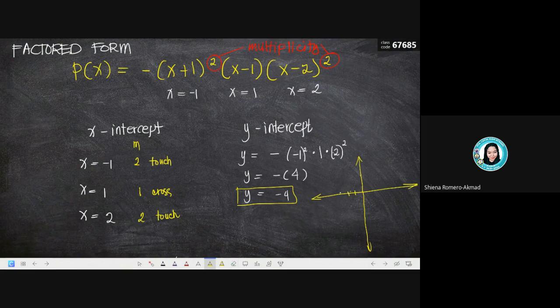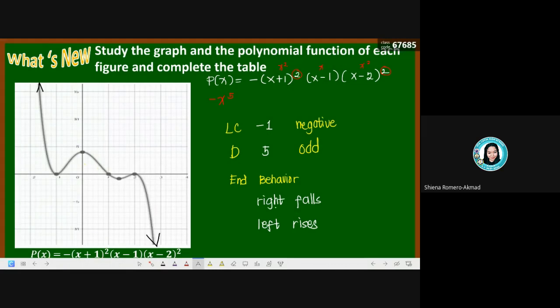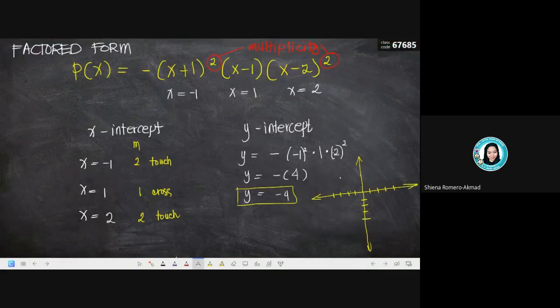1, 2, 3, 4. So, doon tayo muna sa negative 1. Negative 1 touch. So, yung behavior nito, let's find out the LC. Right falls, left rises. So, galing siya dito. Rises eh. It will touch the negative 1.